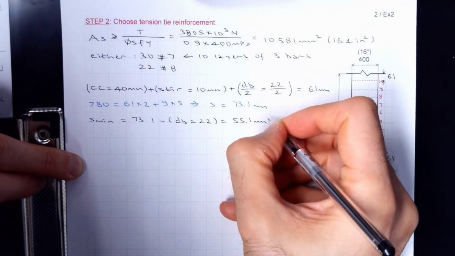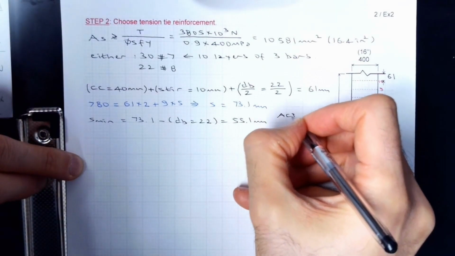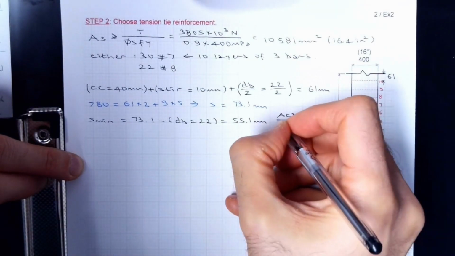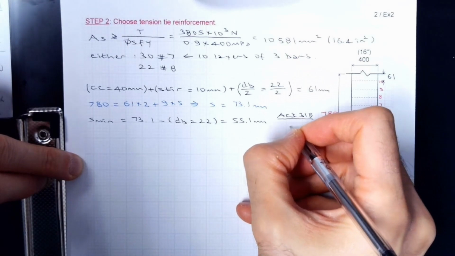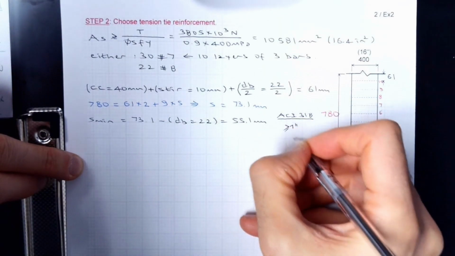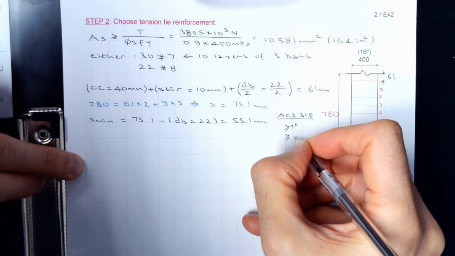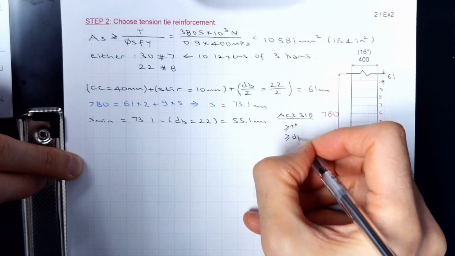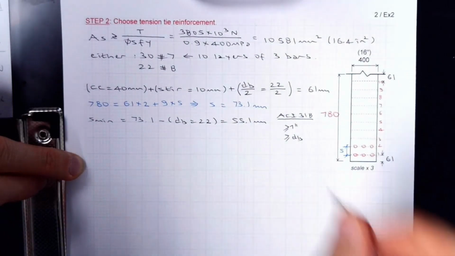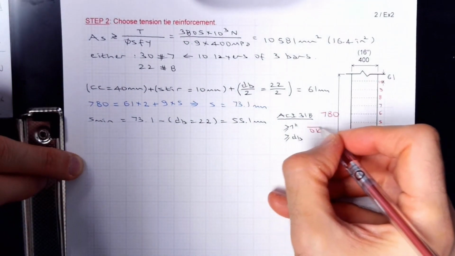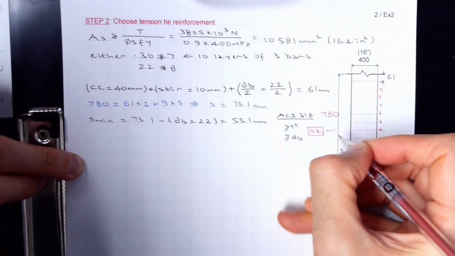What we need is, based on ACI 318, we need 1 inch or larger, or we need bar diameter. So we are fine with clear spacing. Perfect.